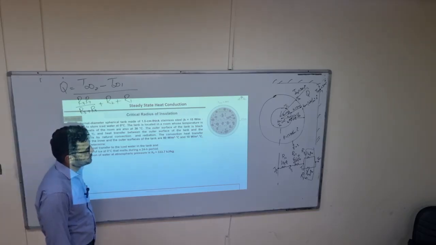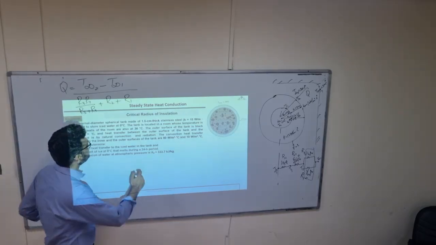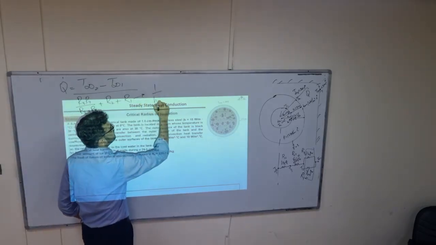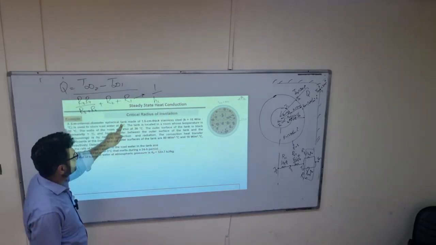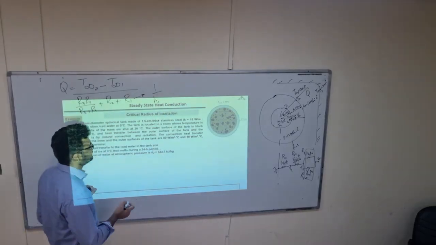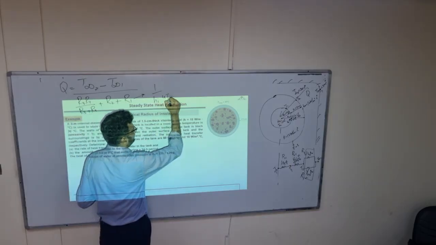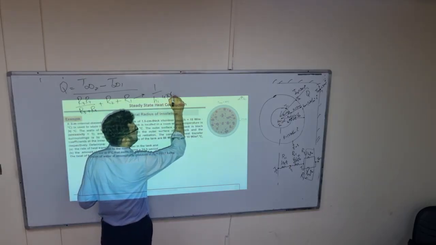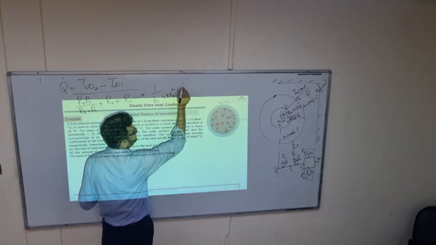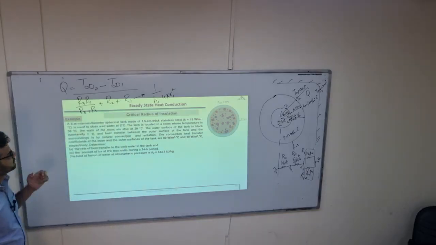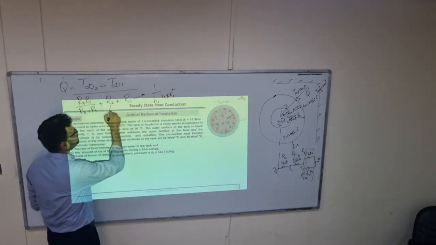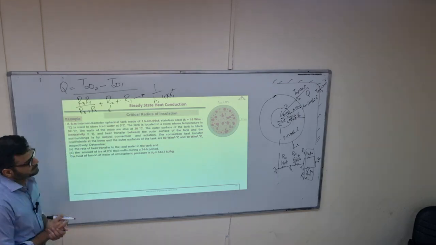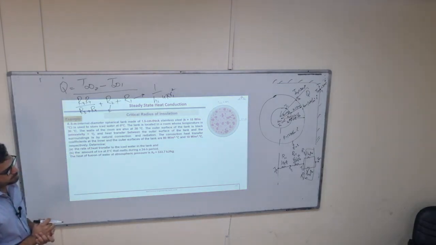Now one by one. What is R1? 1 over Hi A, Hi is given. What is area? The inside area of the sphere is 4 pi Ri square. Okay, Hi given, everything is given. R2, what is R2?